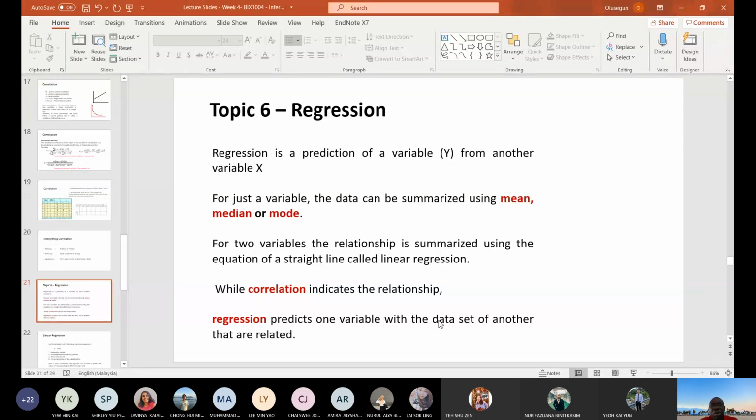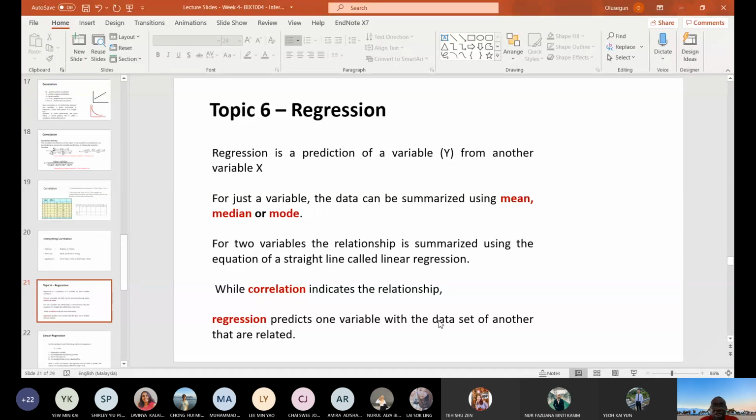So now we know the association, there's a relationship between the two, but what is the influence, what is the prediction? At what rate will changes in X affect Y? By what percentage will a change in X affect Y?